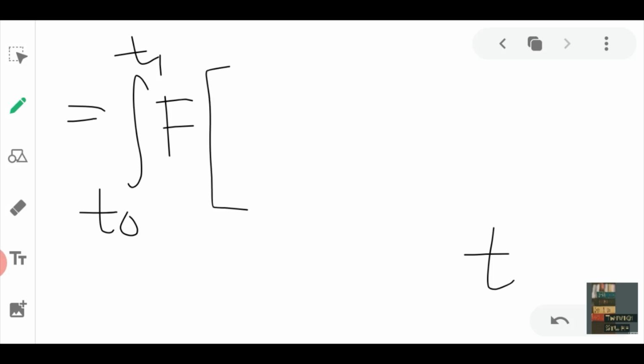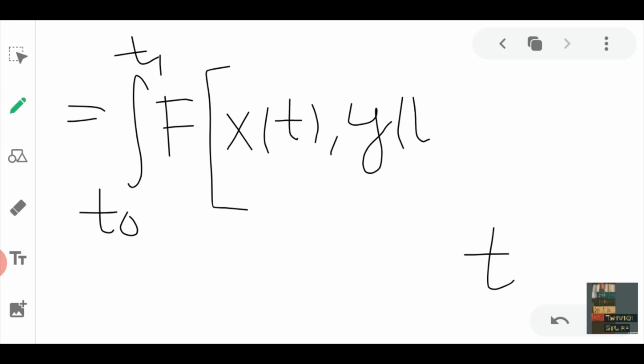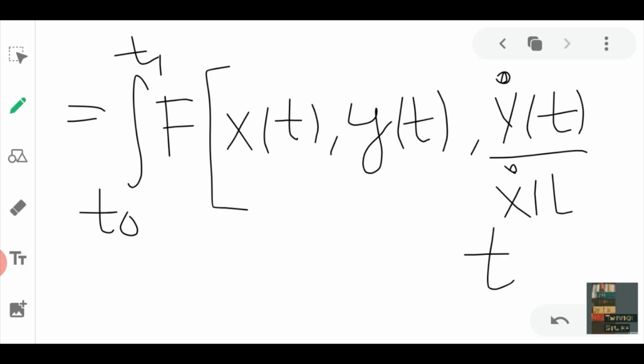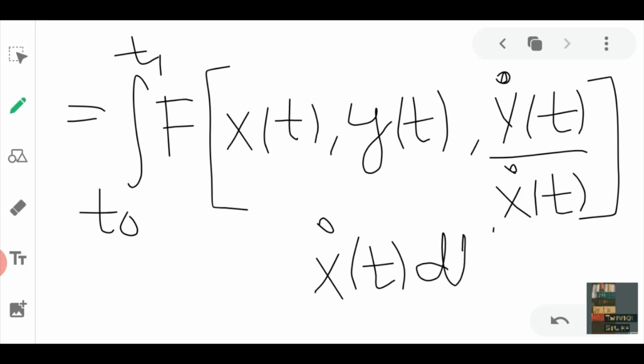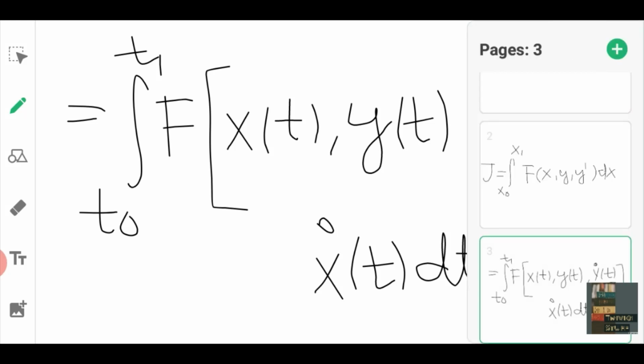F of x in terms of t, so this is x of t, and then y in terms of t, so y of t, and then we have y prime, so we write it as y dot of t divided by x dot of t, and on the outside we have dx, which is written as x dot of t into dt, where x dot represents the derivative of x with respect to t, and y dot represents the t derivative of y.